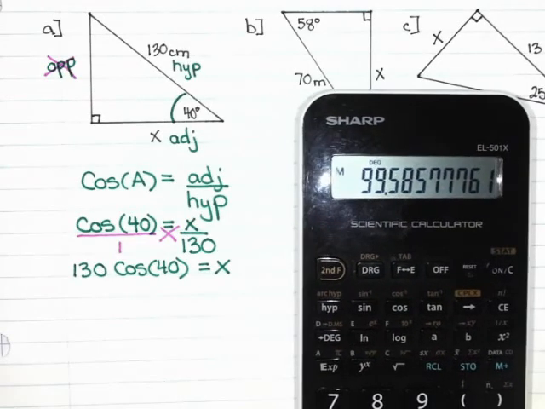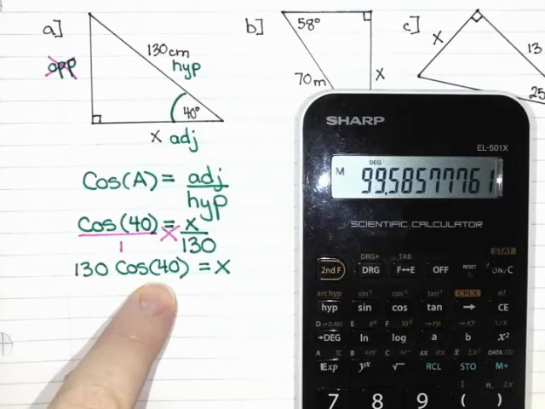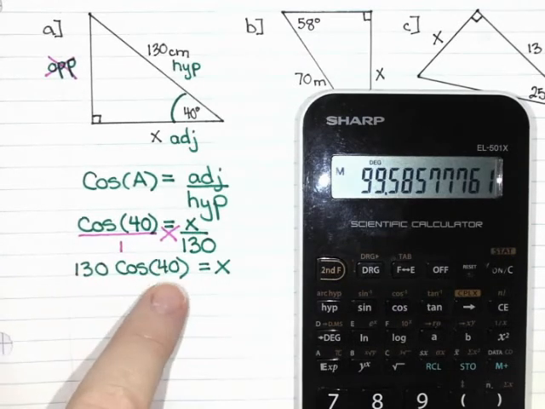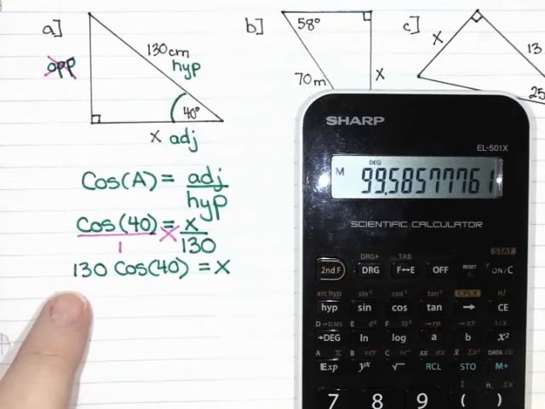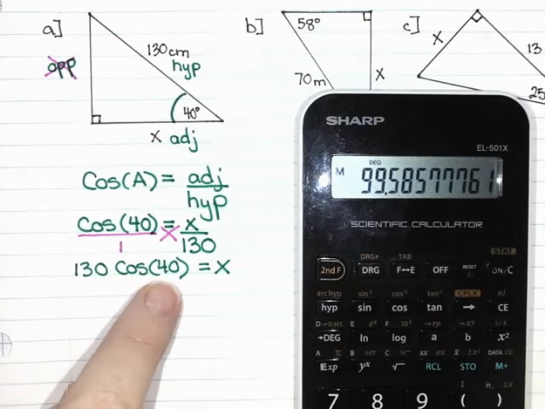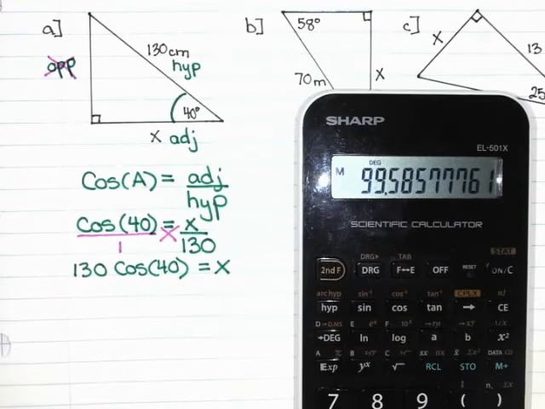So because on my calculator I don't see the words sine, cos, and tan show up, I have to put the angle in first. So I did 130 times 40, then I hit cosine, and then I hit equals. If you see the word cosine on your screen, you just do 130 times cosine, and then 40 equals. That's all you have to do.